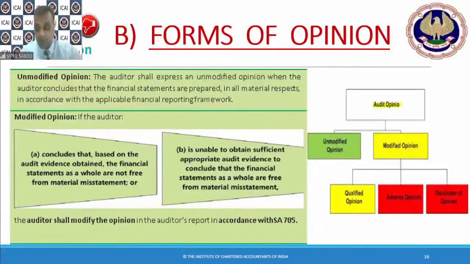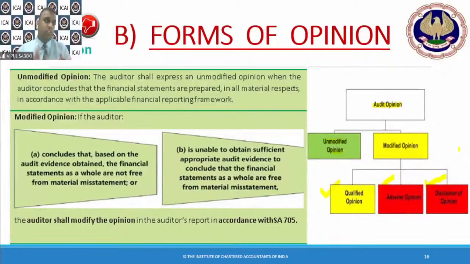There is this flow chart which says there are two types of audit opinions. The first is unmodified opinion. The second is modified opinion. They are opposite of each other. And further, under the modified opinion, we have qualified opinion, adverse opinion, and disclaimer of opinion.